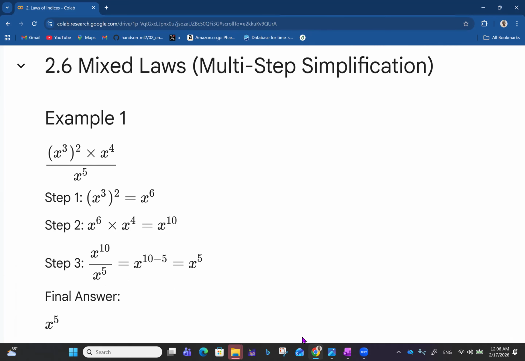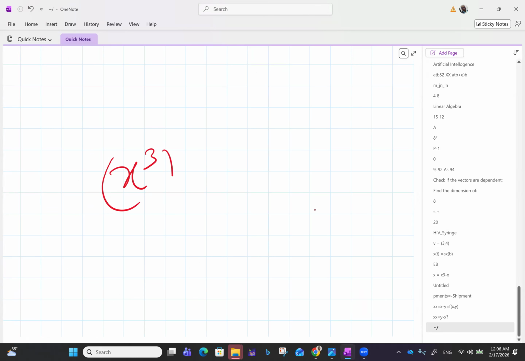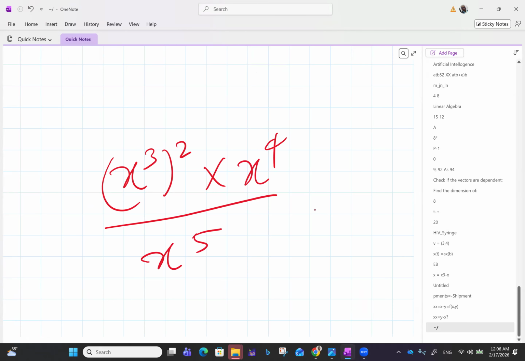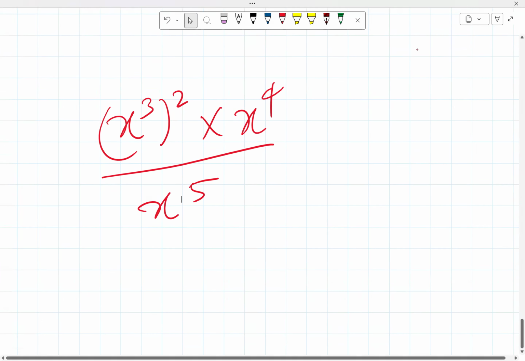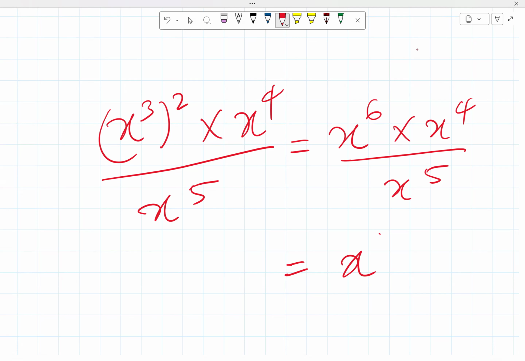I feel like I should do this on the worksheet again. x raised to power 3 raised to power 2 times x raised to power 4 all over x raised to power 5, right? So now in one blow, we can say this is x raised to power 6 here times x raised to power 4 here all over x raised to power 5, and that is x raised to power 6 plus 4 all over x raised to power 5.